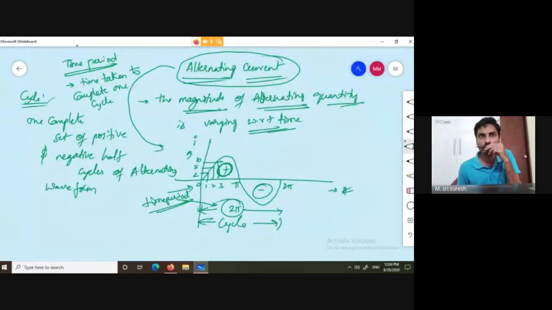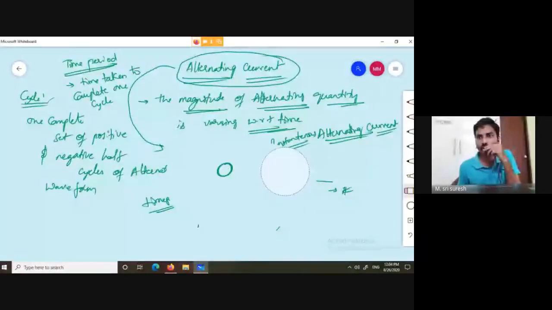Now we'll see the alternating current equation, the instantaneous alternating current expression. Suppose we have a current waveform like this.